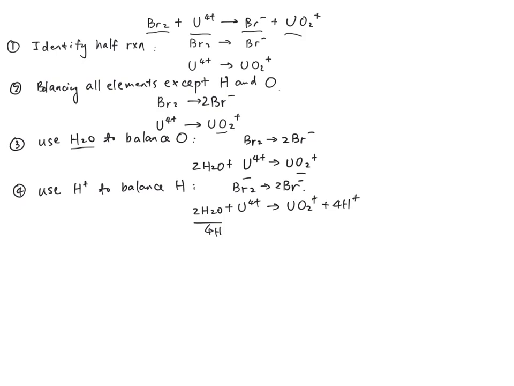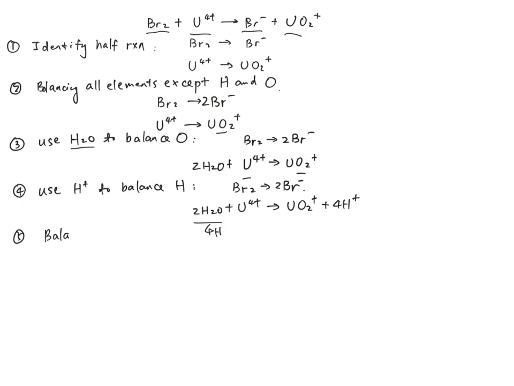This is a redox reaction, and we know that redox is all about gaining or losing electrons. So how is electron reflected in any reaction? Well, by charge. So step number 5, we're going to take care of the charge.